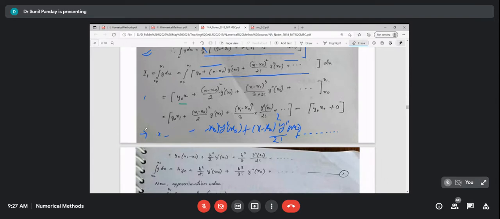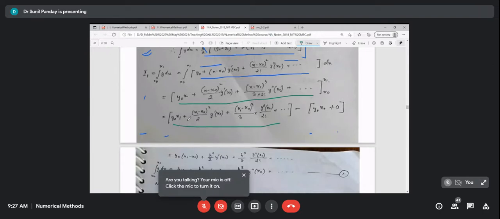The next job is to substitute x equals x1 as the upper limit. If you substitute x equals x1, you will get this expression with y x1 and powers of x1 minus x naught.